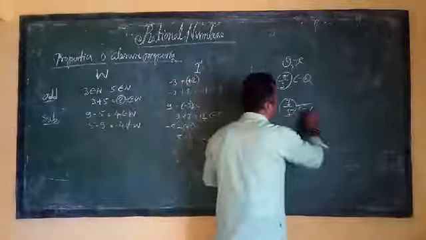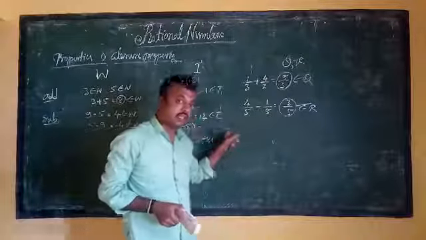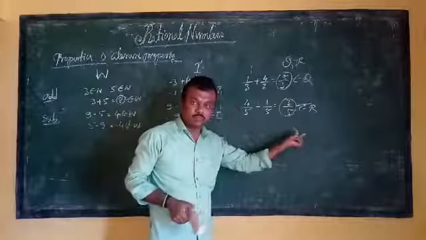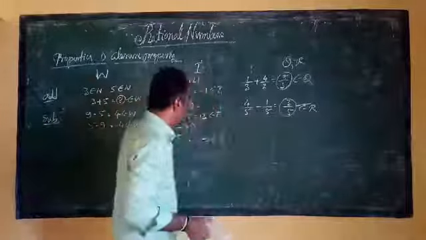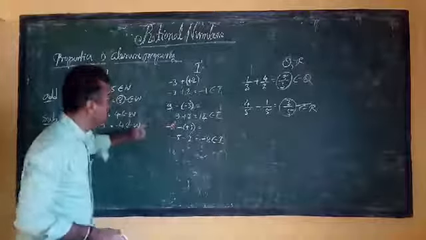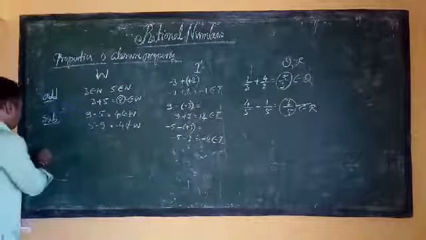Therefore, it belongs to the rational numbers, and the closure property of rational numbers is satisfied under subtraction. You can take any examples; when you subtract, you will get a rational number only. Therefore, integers and rational numbers are satisfied under addition and also subtraction. But whole numbers only addition, not subtraction. So come to the multiplication.